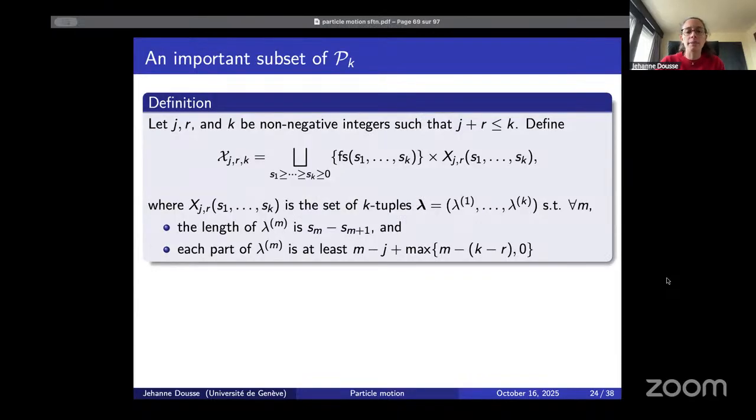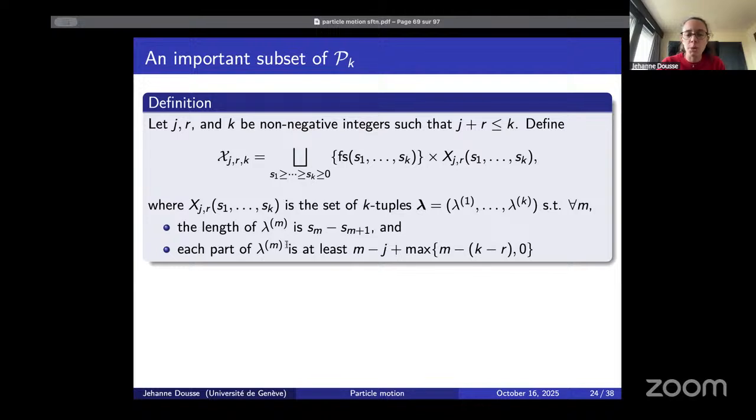So we define some subset of P_k, which will depend on some parameters J, R, and K. The idea is that it is a generating function for pairs, where one element of the pair is a k-tuple of partitions, the other element is a frame sequence. Now the k-tuple of partitions will satisfy some additional conditions. Here the condition on the length is exactly the same as before, but this one is new.